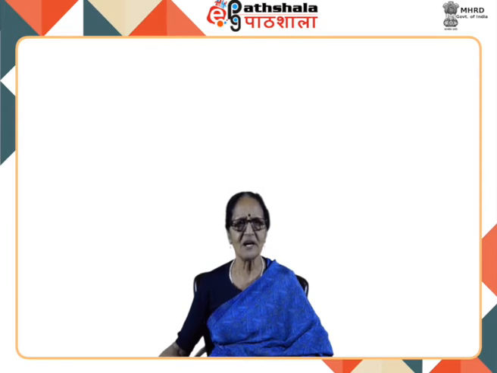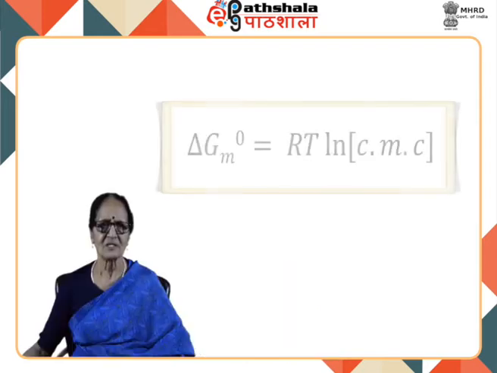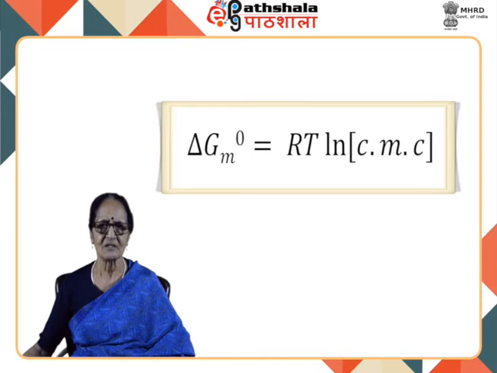The CMC may be identified with X1, so that the following equation becomes delta G0m equal to RT ln CMC, equation 6. This expression gives the standard free energy change in molarity scale.